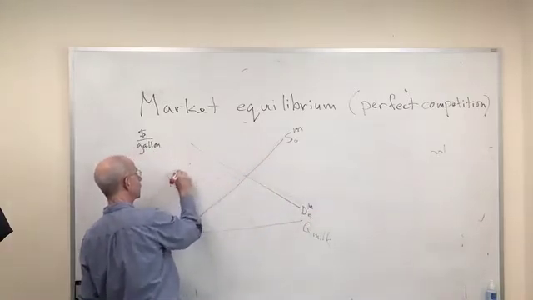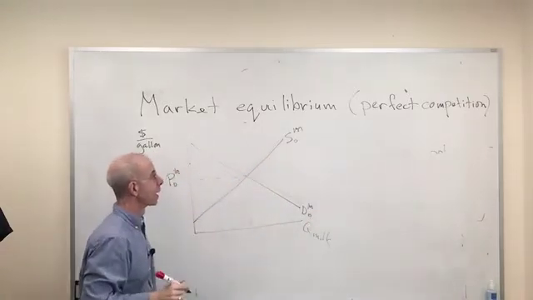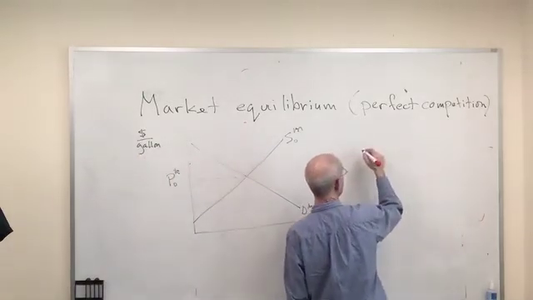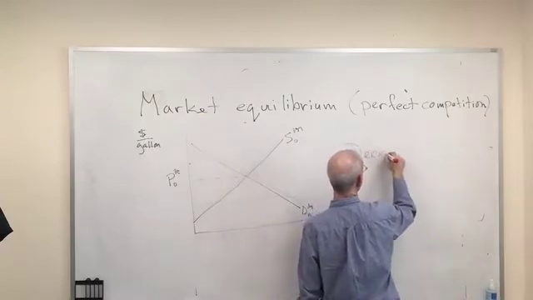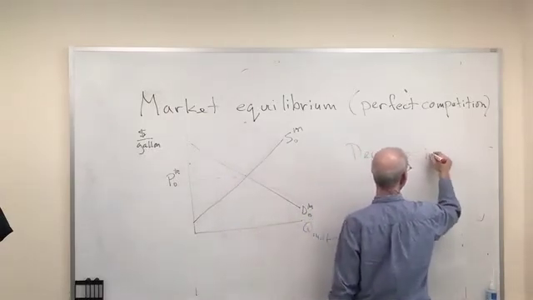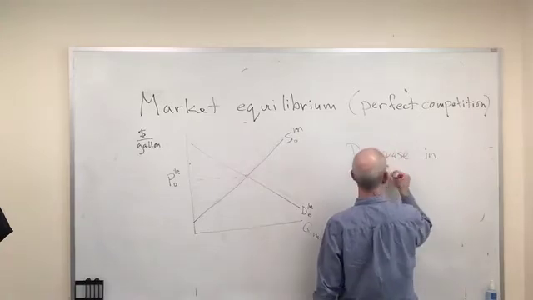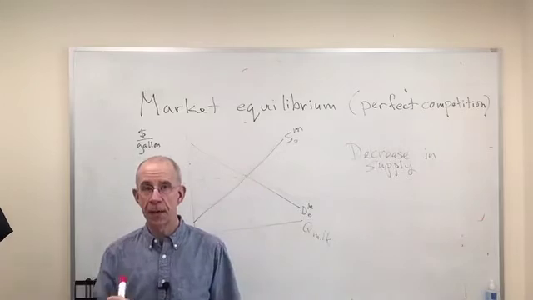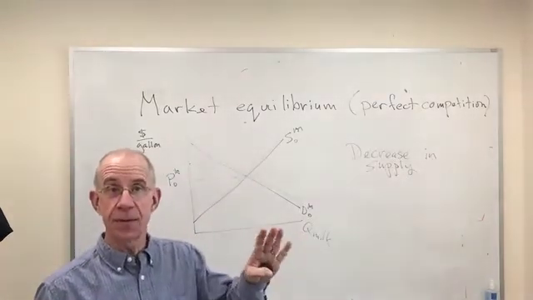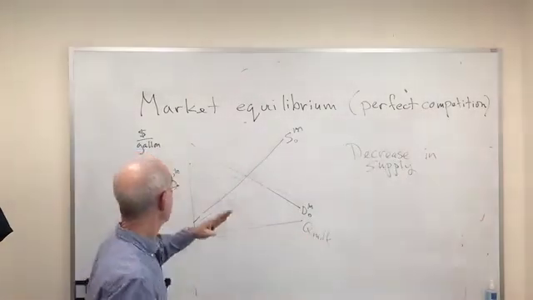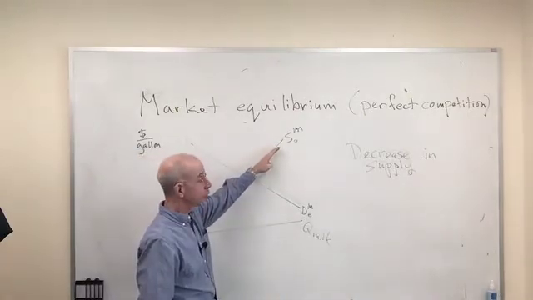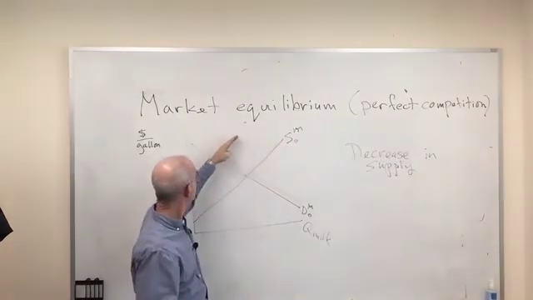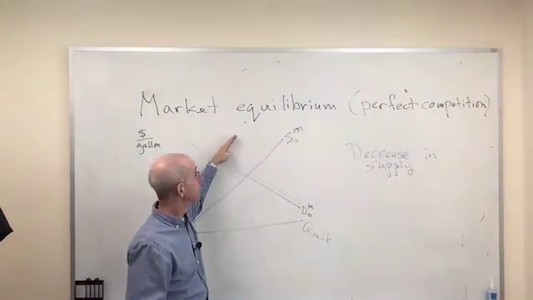The original equilibrium price. And let's say that we have a decrease in the supply. Now recall, with a decrease in supply, what we're talking about is at any given price, there will be less brought to the market. So that's a shift back in the supply curve.